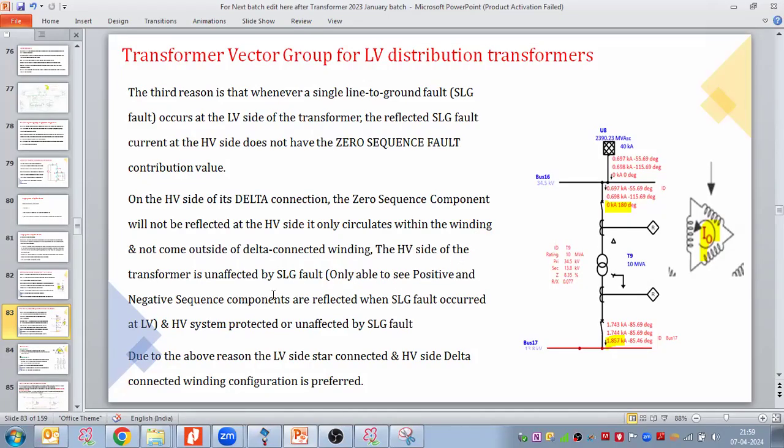The HV side of the transformer is unaffected by a single line to ground fault; only positive and negative sequence components are reflected when a single line to ground fault occurs at LV, and HV system protections are unaffected by the single line to ground fault current. So due to the above reasons, the LV side star connected and HV side delta connected winding configuration is preferred in the case of the distribution system.